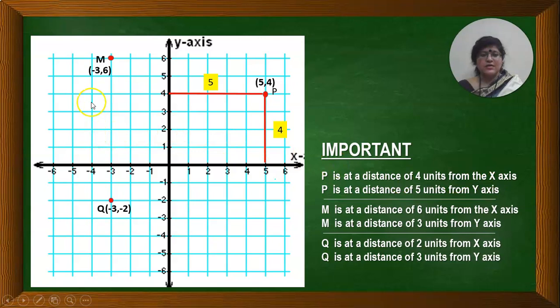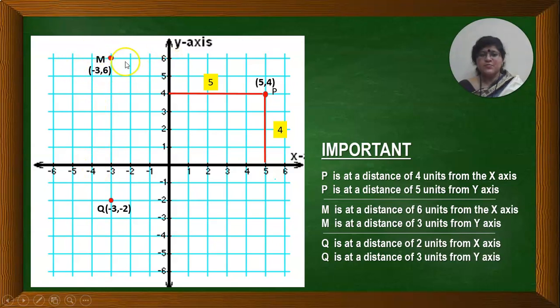Similarly, look at the position of M. M is lying in the second quadrant. Its coordinates are -3, 6. And how far is this point M from x-axis? You could get such types of questions for MCQ, wherein the coordinate of M is mentioned as -3, 6. And the question is how far it is from x-axis and how far it is from y-axis.